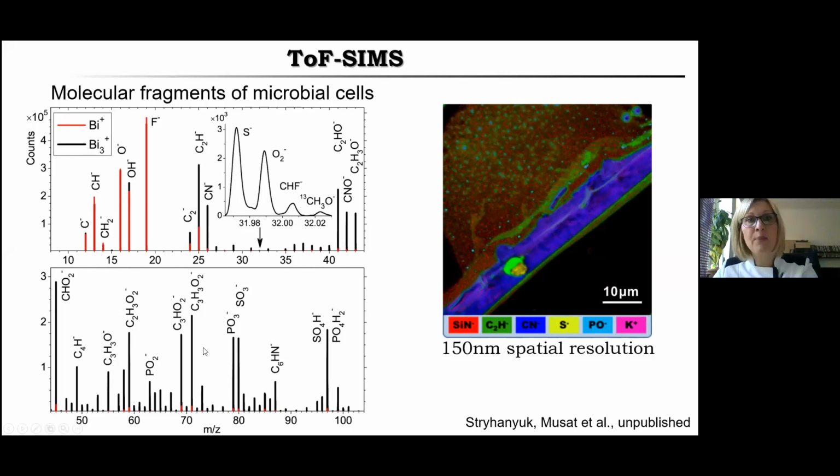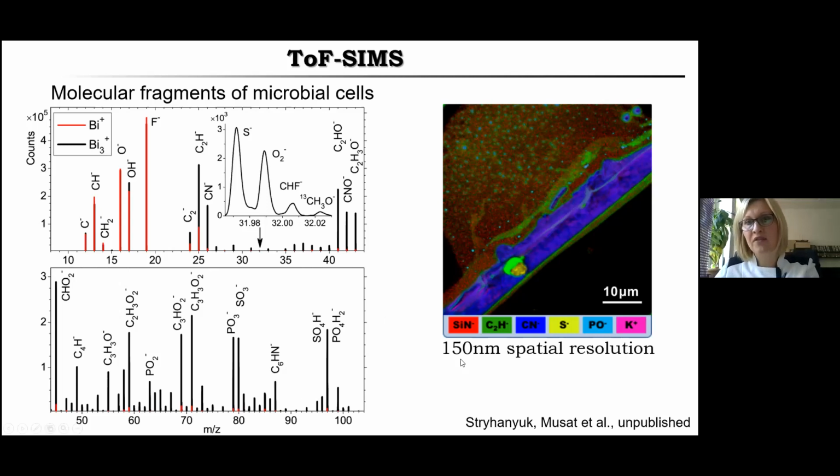And this is the type of information you actually get. Here we use bismuth to shoot at the sample, and you see you get all kinds of molecular fragments. The biggest challenge here is to identify precisely these fragments, as usually for each peak you have more than one molecular identity to choose from.